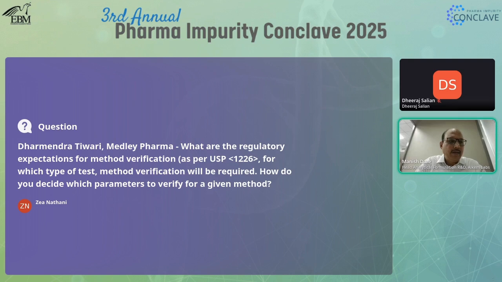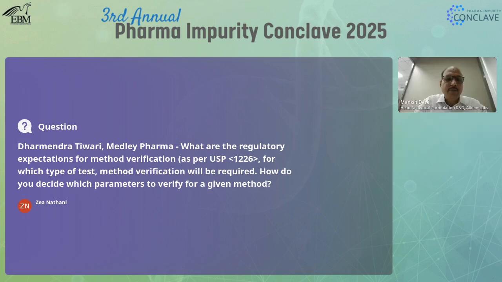I can say that forced degradation is not required if the monograph is available in the USP, because if the USP monograph is available, then the USP body has done the proper, complete validation, including forced degradations and all, and only then they publish the monograph. As per the USP general chapter, if the monograph is available, then we can go ahead with the partial validation activity, and it is going to be accepted by FDA.